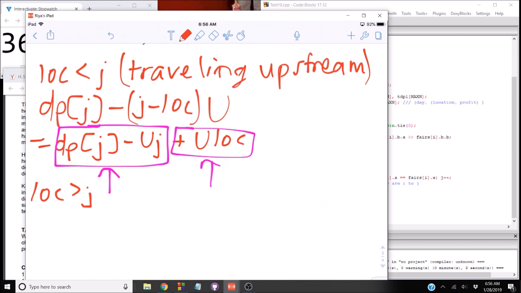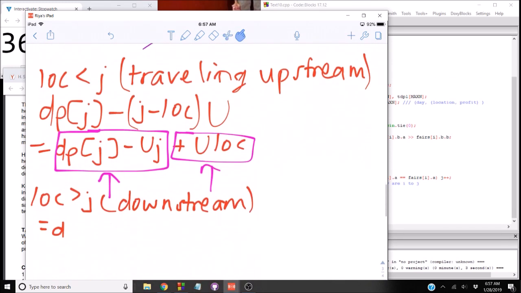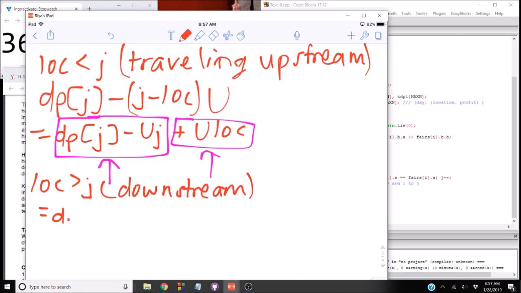If lock is greater than j, then we're traveling downstream. Then this is dp[j] minus travel. Okay, so dp[j] minus the travel is now lock minus j times d.